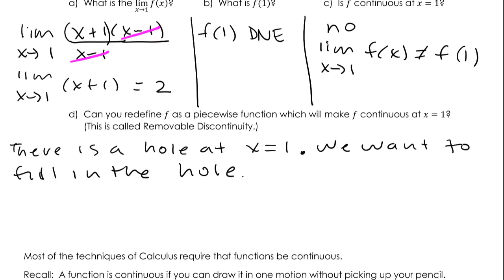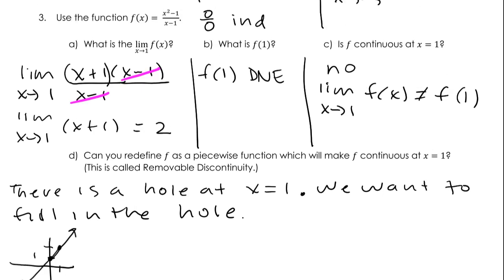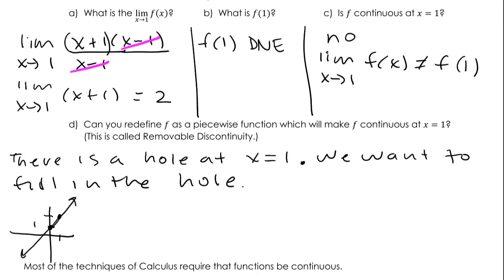So this graph is going to be x plus 1, so that would be a 1 here, and then you have a slope of 1. Okay, so this is the graph of x plus 1, but we're trying to graph this piece. And remember, at 1, the function didn't exist, so what you really want is a hole at 1. So there should be a hole right here at 1.